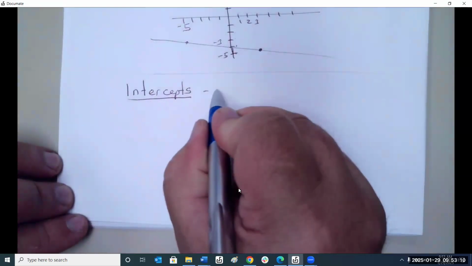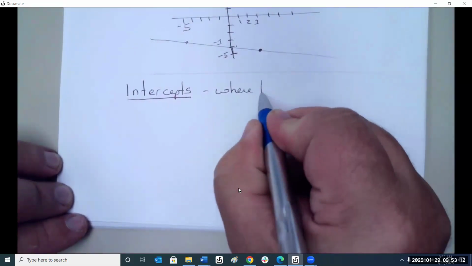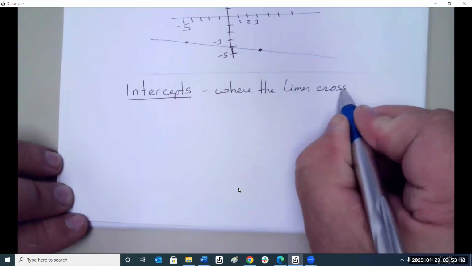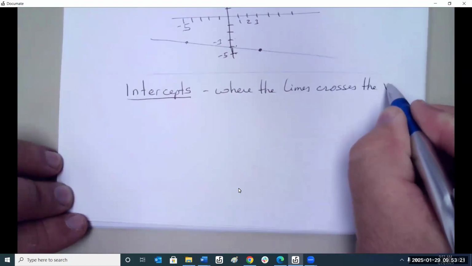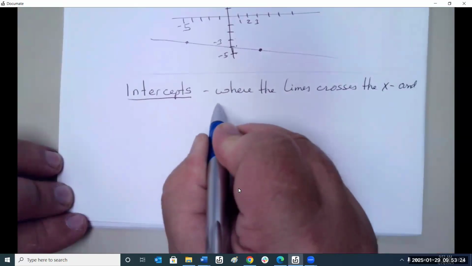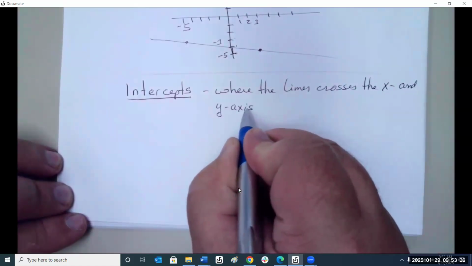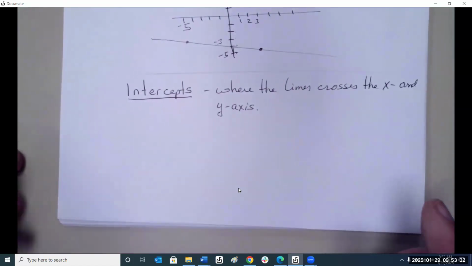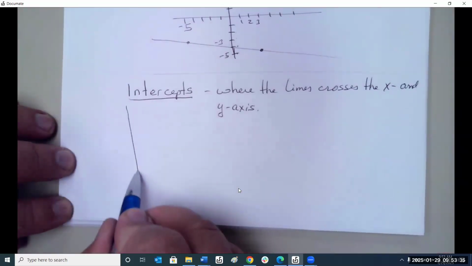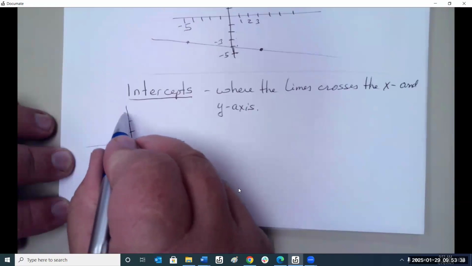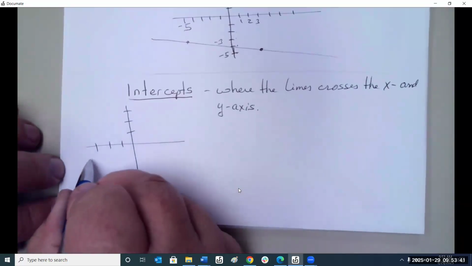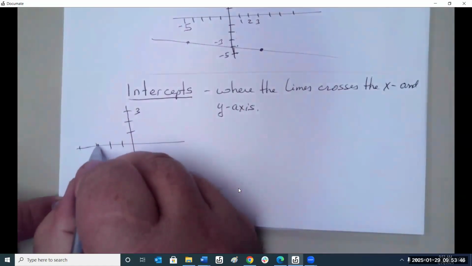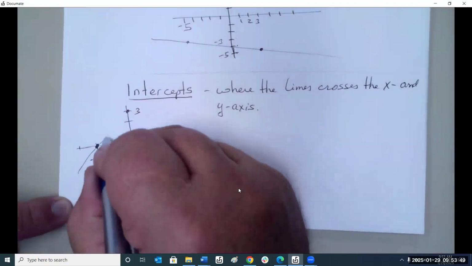Intercepts are where the line crosses the X and Y axis. So let's say we have a graph and it looks like this.